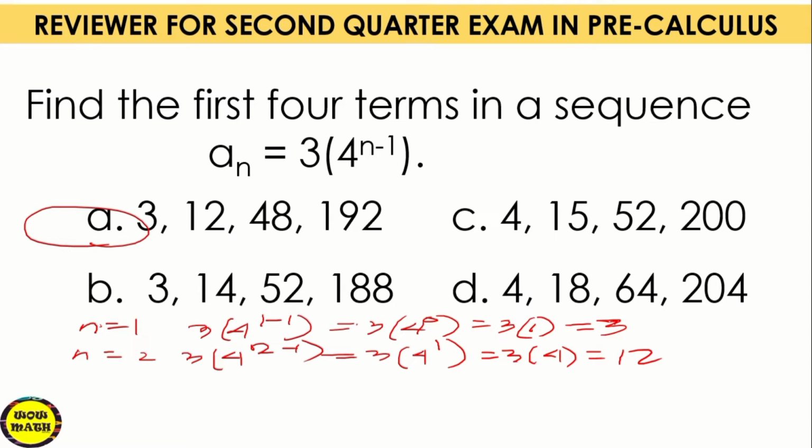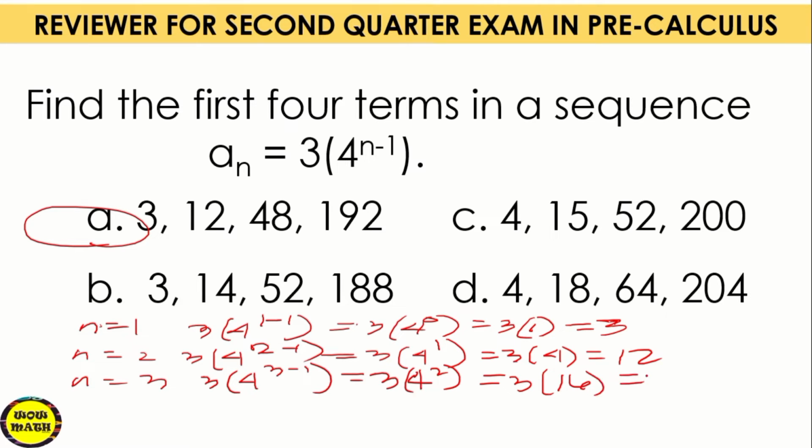Pero para ma-double check natin, i-continue natin. N is equal to 3. So 3 times 4 raised to 3 minus 1. 3 minus 1 is 2, so 4 squared. What is 4 squared again? That is 16, so 3 times 16 is 48. And for the fourth term, our n here is 4.